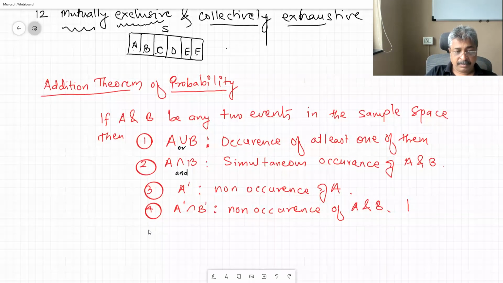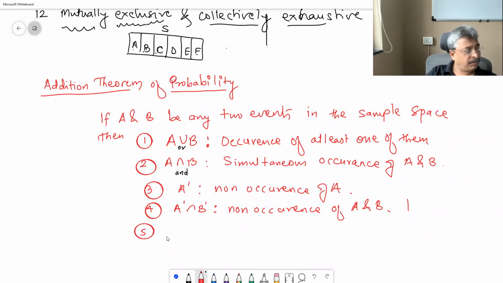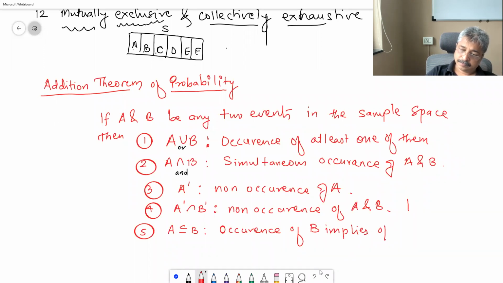And the last one, a little bit confusing, but we should do it. Fifth, A subset of B: occurrence of B implies occurrence of A. That is the meaning of these 5 terms which we'll have to keep using while doing set theoretic probability calculations.